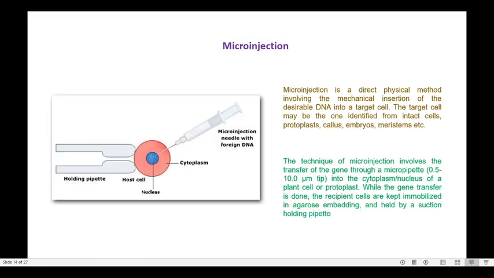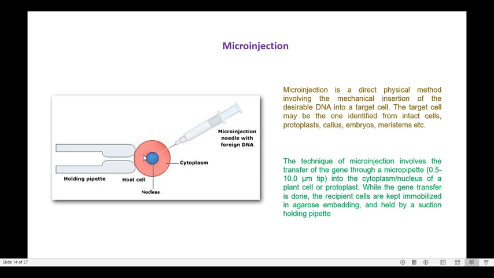The next technique is microinjection. Microinjection is a direct physical method involving the mechanical insertion of the desirable DNA into a target cell. The target cell may be intact cells, protoplasts, callus, embryos, meristems, etc. The technique involves the transfer of the gene through a micropipette, which is 0.2 to 10 micrometer deep, into the cytoplasm or nucleus of a plant cell or protoplast.